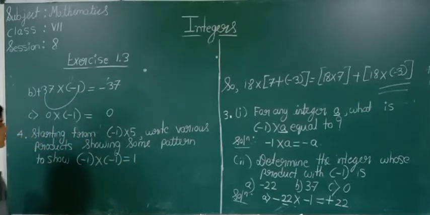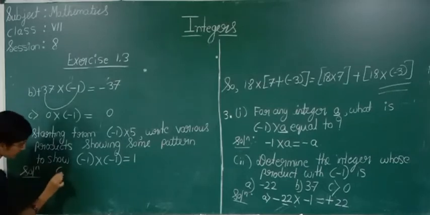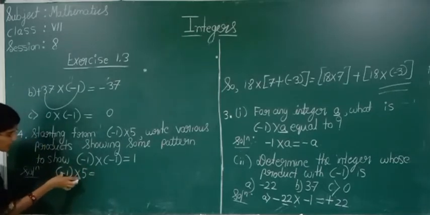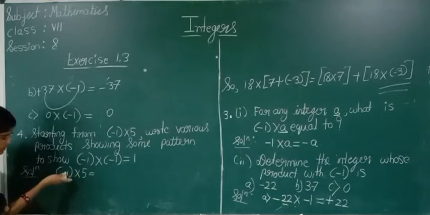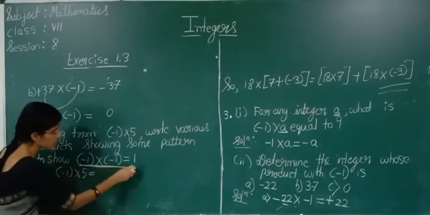Starting from minus 1 into 5, write various products showing some pattern to show. What do we have to do? We have to use this, okay, minus 1 into 5. Starting from here, we have to go on continuing the pattern. We want this result.